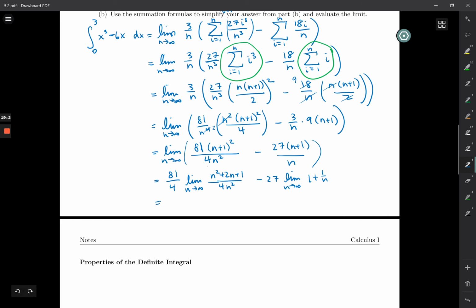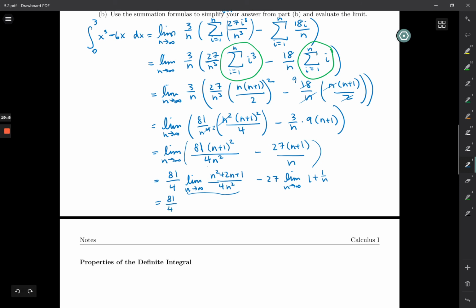If I split this into two fractions, I would get 1 plus 1 over n. Right, and then you can work this out, but this limit right here, since the degree of the numerator matches the degree of the denominator, you may have noticed when we have been working through examples that when that happens, we get that this is going to be the constant in front, the leading constant of the numerator over the leading constant of the denominator.